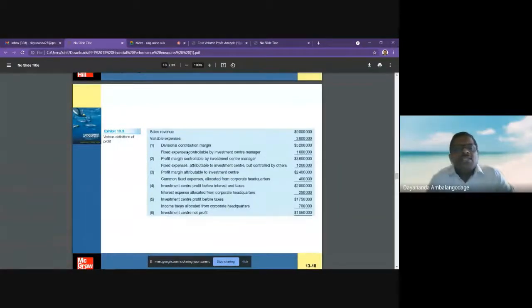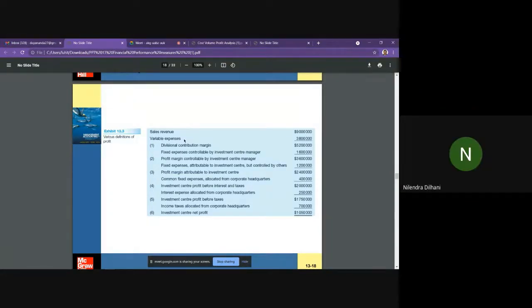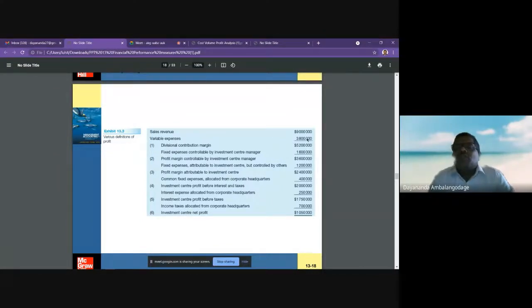Okay, look at this. Sales revenue. Then we take variable expenses, which are of course controllable to you. If you are running a business, variable expenses are controllable to you.